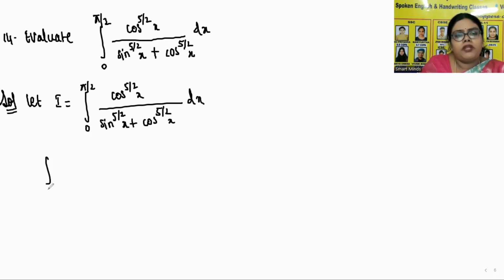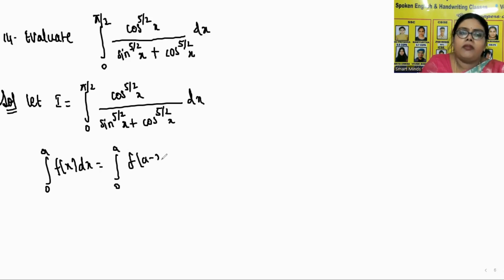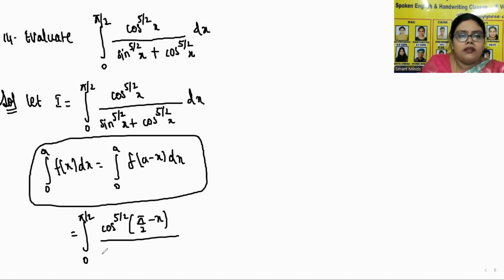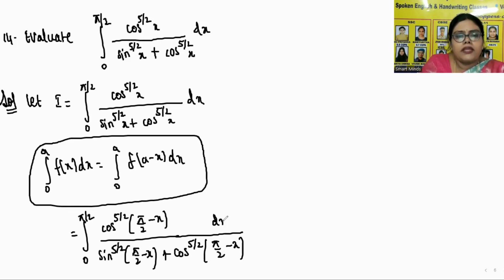Now we use a property: integral 0 to a f of x dx equals integral 0 to a f of a minus x dx. This is the property we are going to use now. So that will be equal to integral 0 to pi by 2 of cos power 5 by 2 into pi by 2 minus x, by sine power 5 by 2 into pi by 2 minus x plus cos power 5 by 2 into pi by 2 minus x dx.